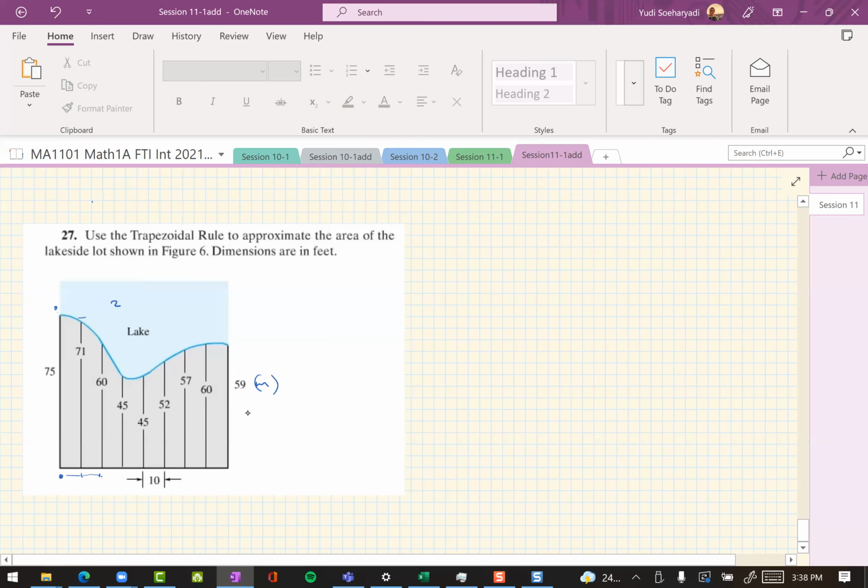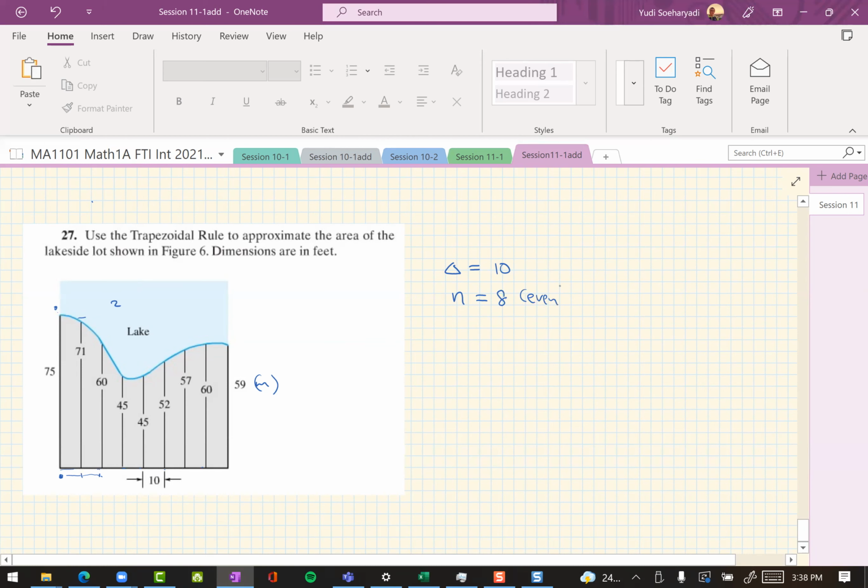The thing here is, how do we find the area? So we remember what we have so far. We see that delta is 10, and n is 1, 2, 3, 4, 5, 6, 7, 8.